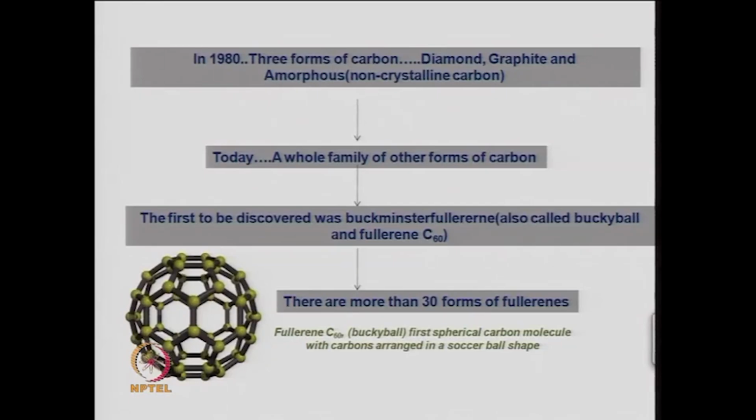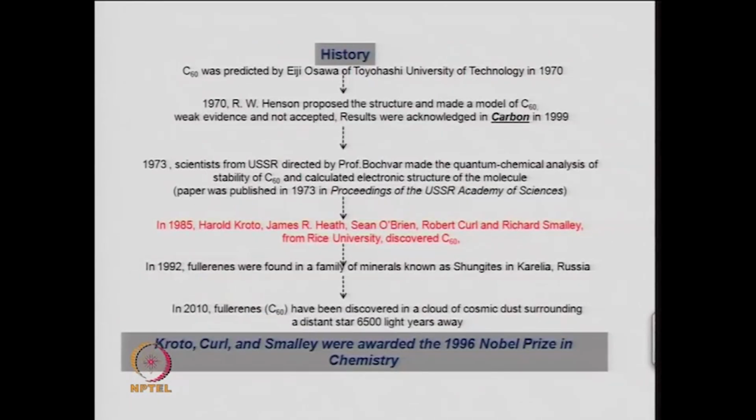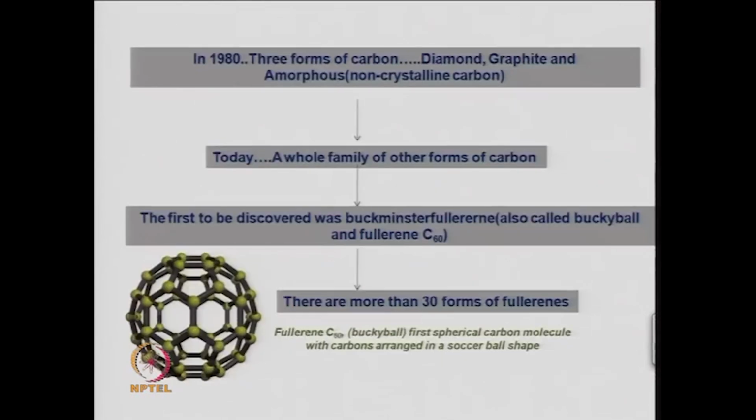So, this was the discovery of C60 by Kroto, Curl, Smalley and their co-workers at Rice University using electric discharge, and then analyzed by several techniques, gave the structure which was exactly like a soccer ball with 60 carbons having hexagonal rings and pentagonal rings.